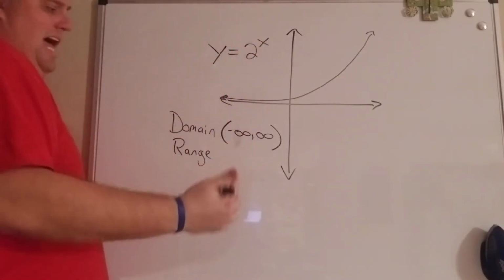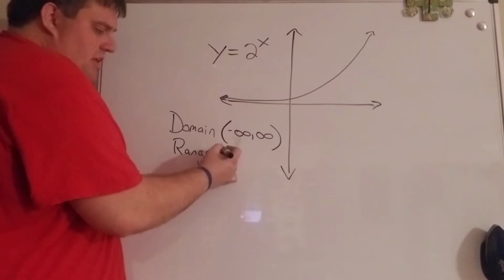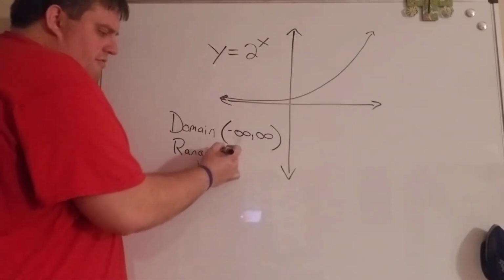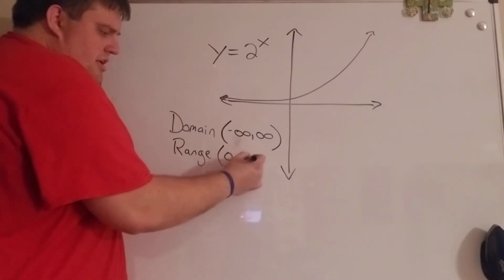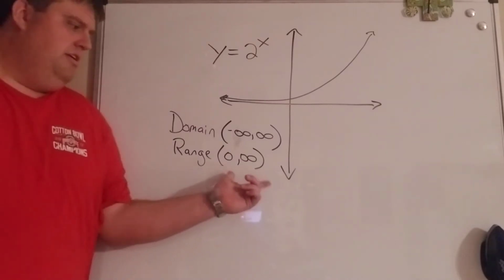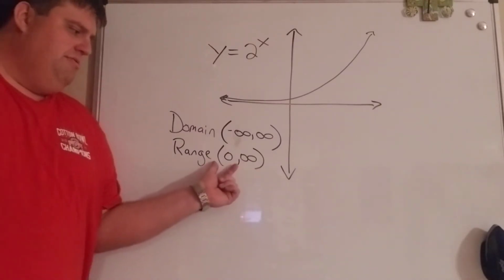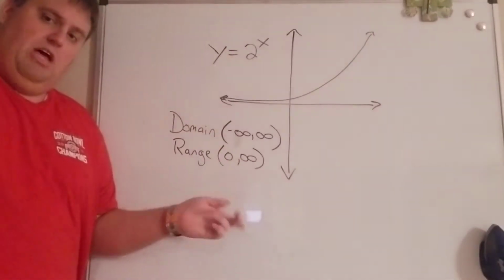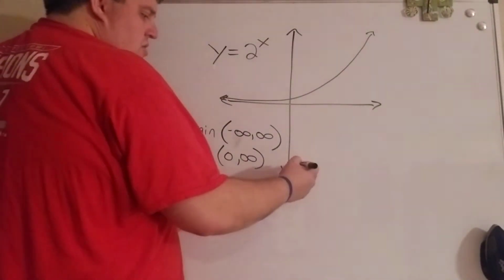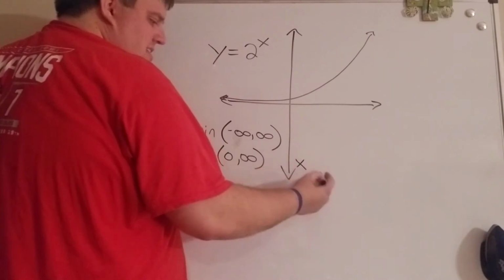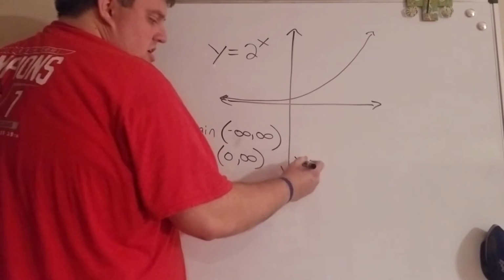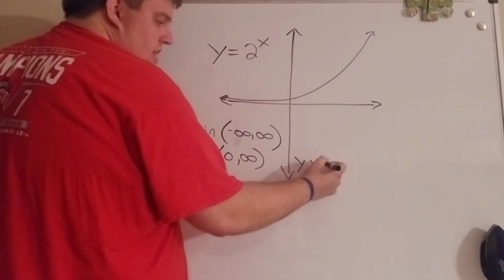If we want to write that, there's two ways we could write that. We could do from 0 to infinity. We're talking about y values here, and we're not including 0. That's why we have the soft parenthesis here. Or, which might be better for you guys, we can write that as y is strictly greater than 0, because we're talking about range.